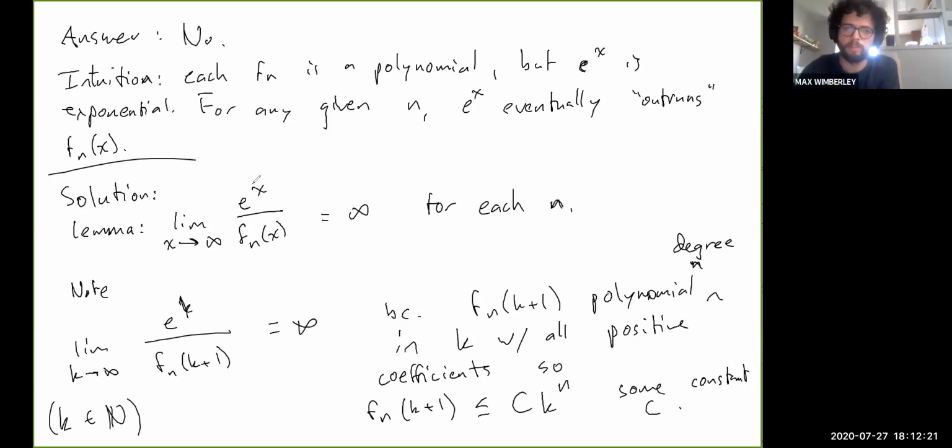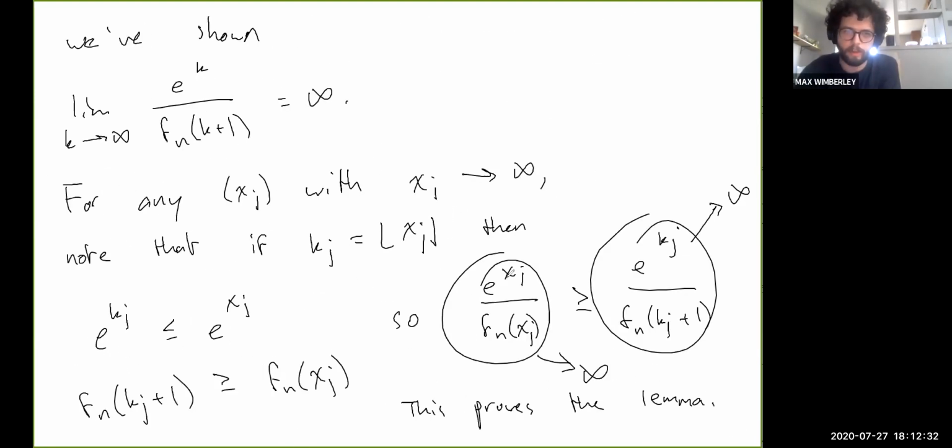So all I'm trying to do is relate these functions of a continuous real variable to the corresponding sequences. Since they're both increasing, I can take a random sequence of xj's. These xj's could be any real numbers that approach infinity. But for each one of these xj's, I can find a nearby integer, at least for positive ones.